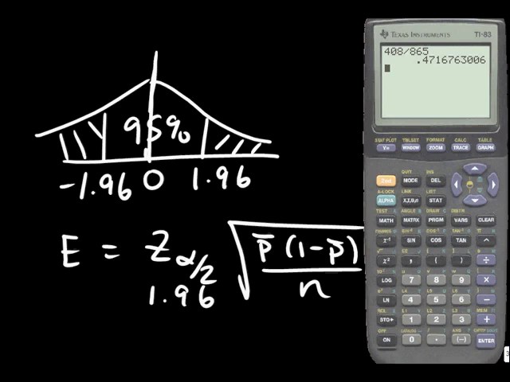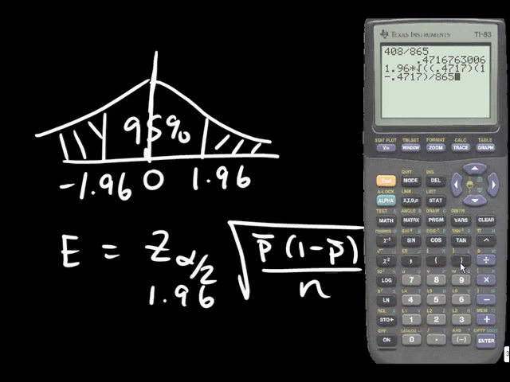Entering this information in our calculator, we need 2 parentheses here, times 1 minus 0.4717, close that parentheses, divided by 865 in the sample.